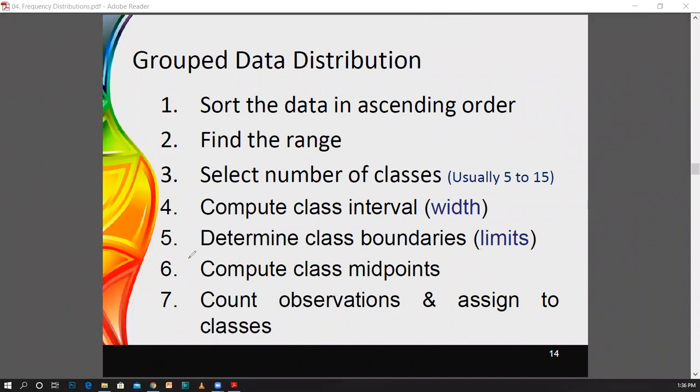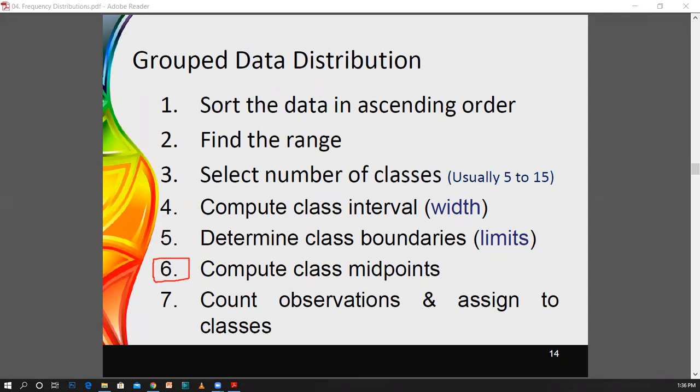Therefore, I have included computing class midpoints as an added advantage. And then the last point is counting the observations and assigning them to the classes. These are the 7 steps that we have to follow if you need to obtain a grouped data distribution for a given set of data.